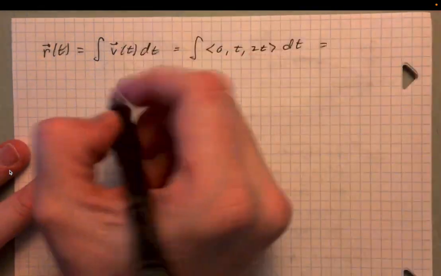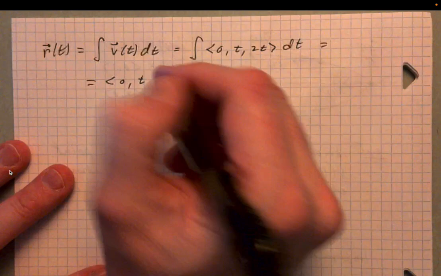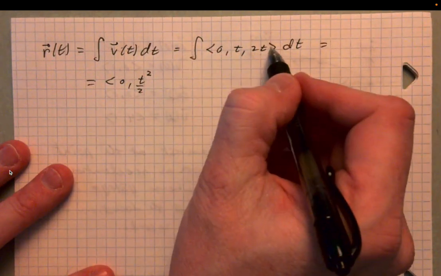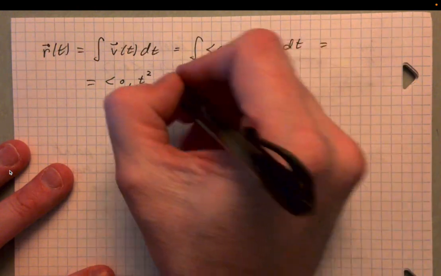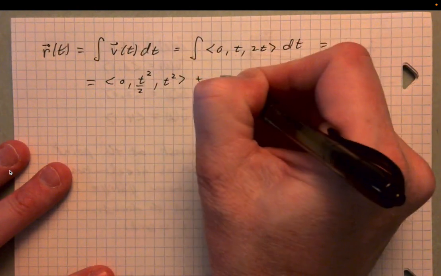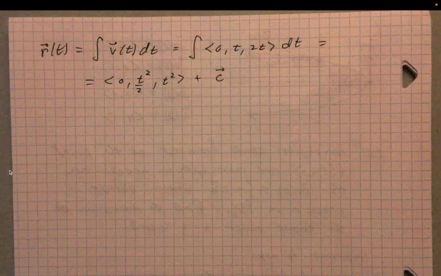This is really easy to integrate. This is 0, and then t squared over 2, and then 2t squared over 2, which is just t squared, and of course plus some constant. Just like the previous one, now we need to use the initial position of the particle to figure out what these constants are.